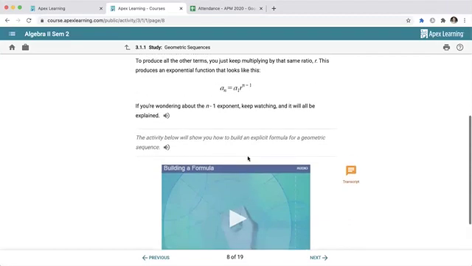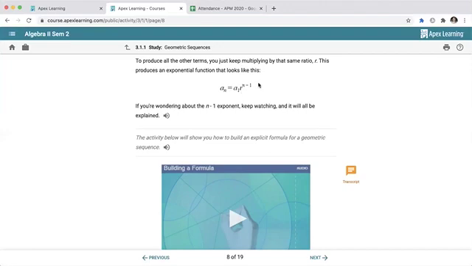Again, n is the term number. If we're dealing with a3, that's the third term in the sequence, so 3 would go there for our n factor. If we're looking at a1, our first term, we have r to the power of 1 minus 1.